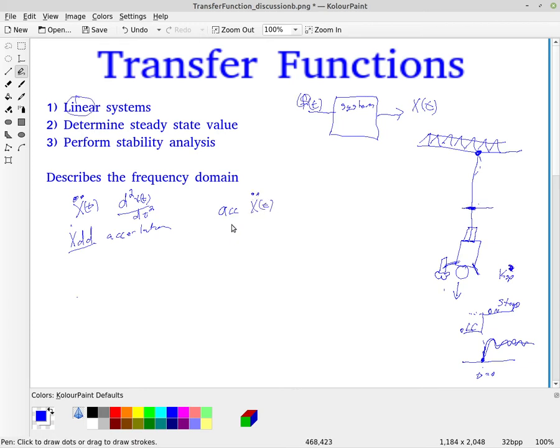And we know from Hooke's law that the acceleration is going to equal the sum of all the forces being applied divided by the mass of the object. To make life easy in this case, let's just say that the mass is equal to 1. So if we were to write this, we would have the second derivative, d squared x of t over dt squared.